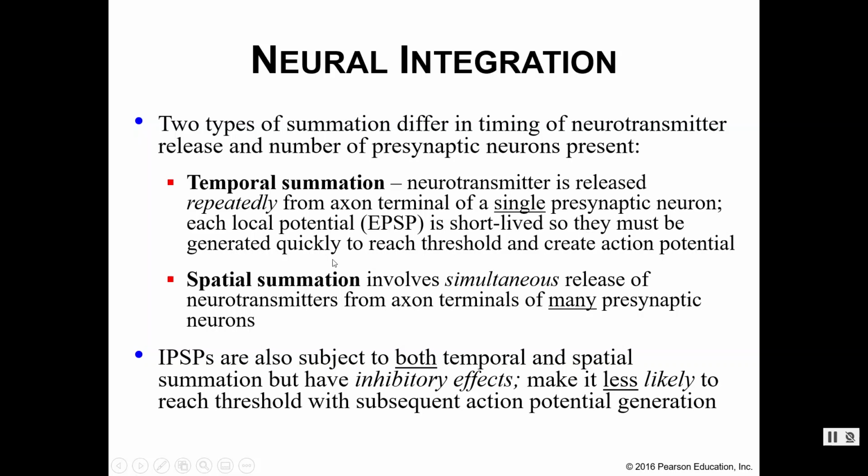Spatial summation, however, you are simultaneously releasing neurotransmitters from multiple axon terminals, from many presynaptic neurons at the same time, which is basically what we just saw. IPSPs also do the temporal and the spatial summation. The effects are just inhibitory. What we described right here, we were just referring to EPSPs specifically because we were trying to reach threshold. But IPSPs work the same way.